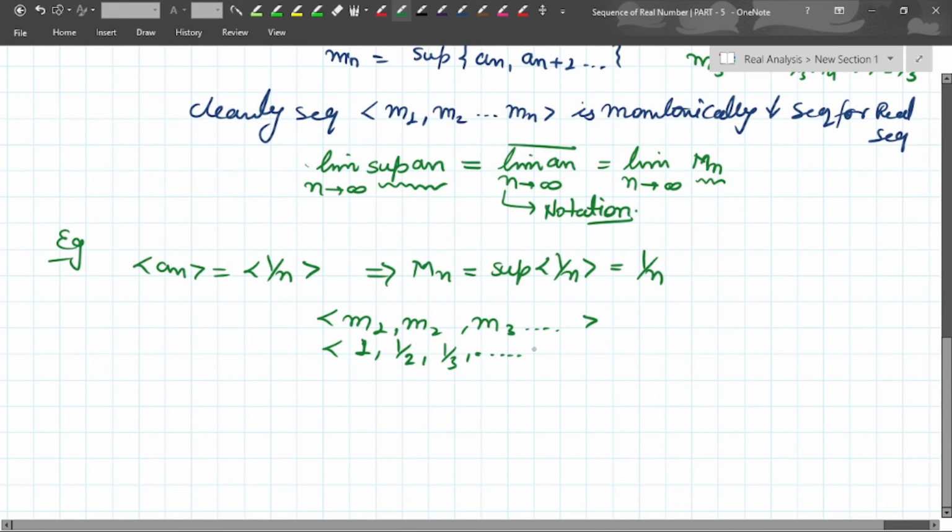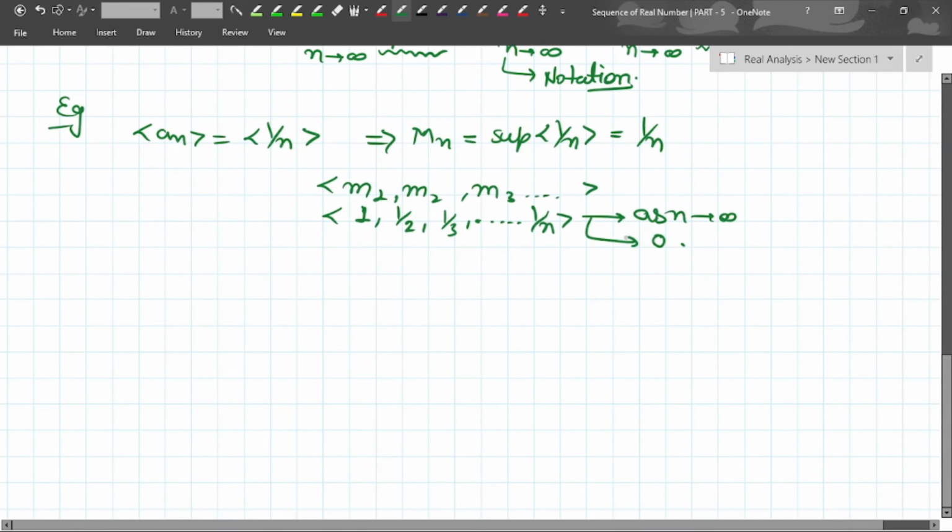Then it will go up to 1 by n. As n tends to infinity, this will go to 0 only. That is nothing but your limit superior as n tends to infinity for this a_n, that is 1 by n. So this is all about the example.